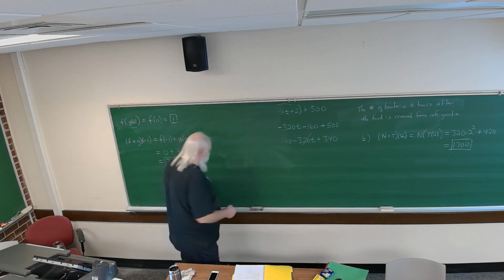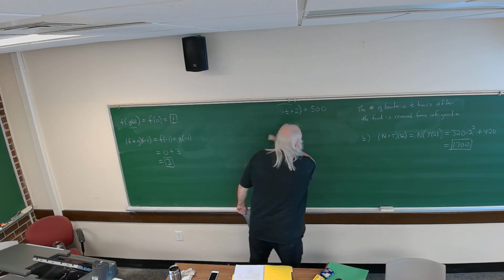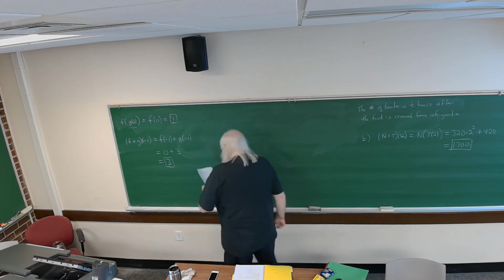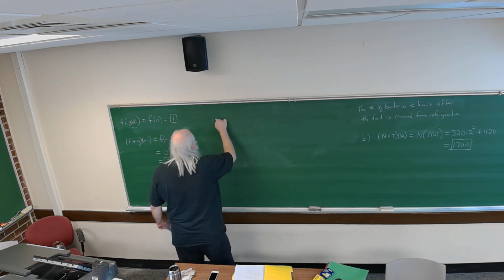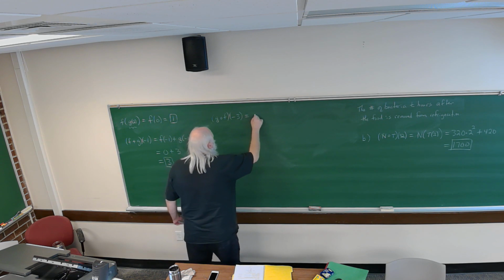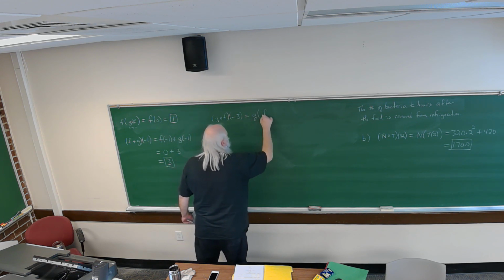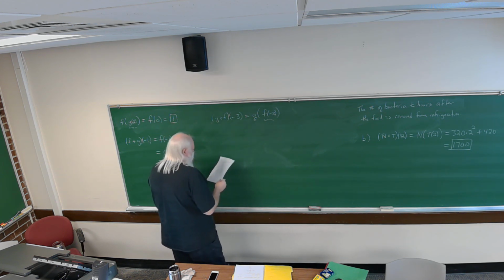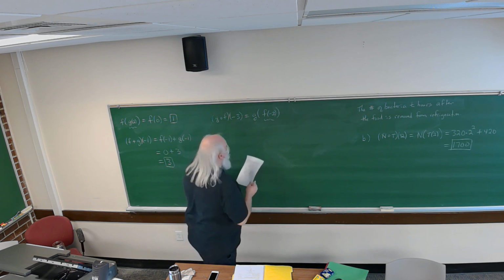In C, we've got to find the composite of g with f at x equals minus 3. G of f of minus 3. So again, the first thing you have to evaluate is f of minus 3.